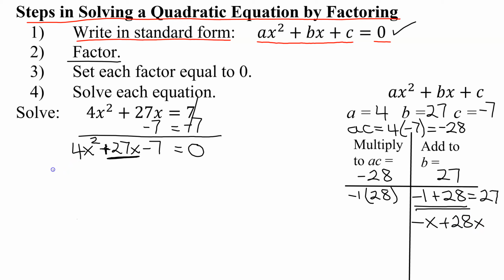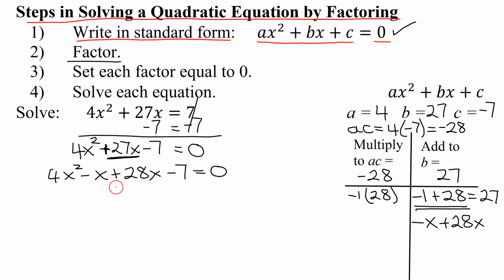So I'm going to rewrite my equation as 4x squared minus x plus 28x. Remember, I've just rewritten that middle term, 27x, as negative x plus 28x. Then finally, my constant minus 7 equals 0.